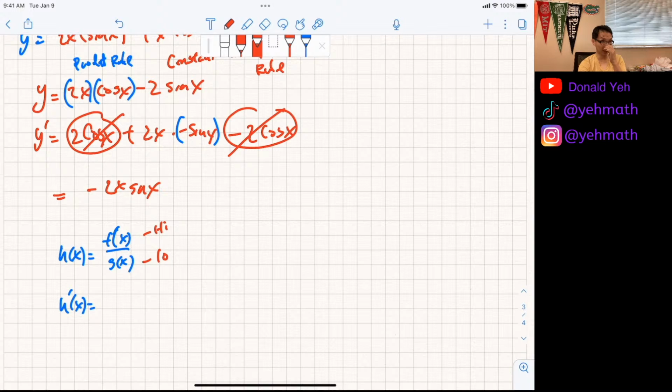It's been passed down from my teacher, from my teacher's teacher, from my teacher's teacher's teacher. This acronym is going to help you memorize this rule because it's kind of complicated. It's going to be low d high minus high d low over low squared. So low d high minus high d low over low low.